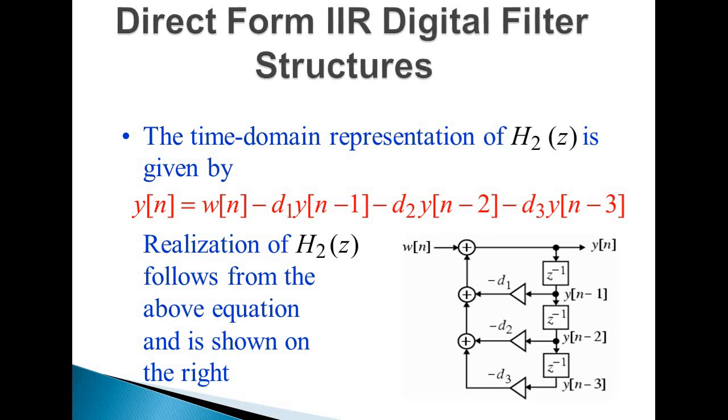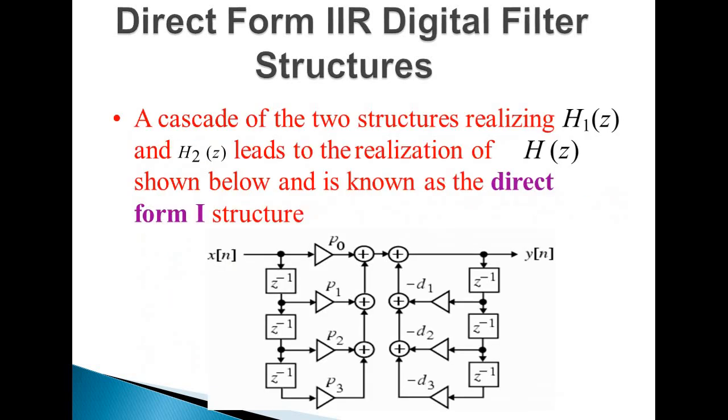So y(n) is equal to w(n), then y(n) is delayed by z raised to -1, so y(n minus 1) multiplied by minus d1, then y(n minus 2), then y(n minus 3), and so the second H2(z) term will be there.